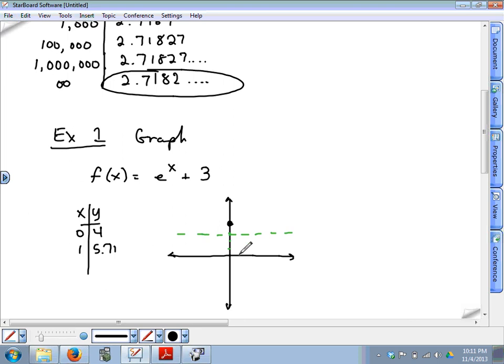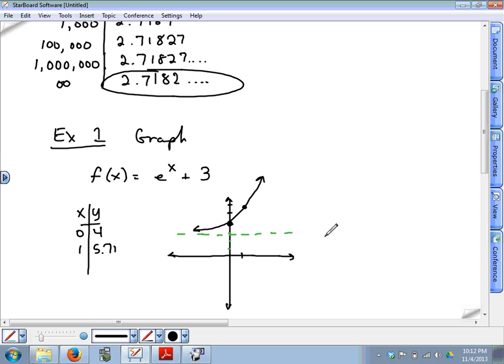That one I guess we could have done without a calculator. 1, and then 5.71. Let's say 1, 2, 3, 4, 5. 5.7 about right here. Yeah, but you'll see here e squared. That's 2.71 squared plus 3. That's pretty hard to do by hand. So with these ones in particular, I won't require 3 points. That graph looks something like that.